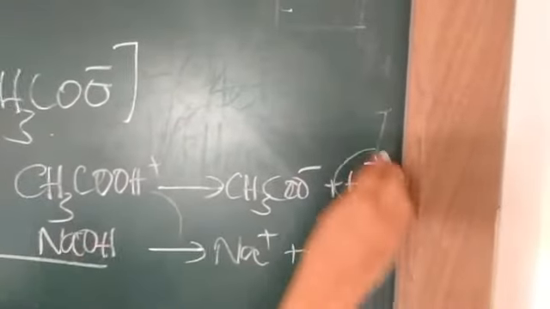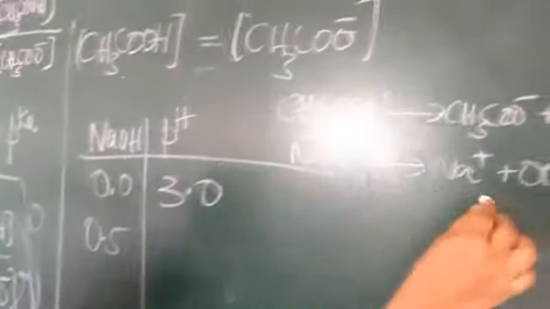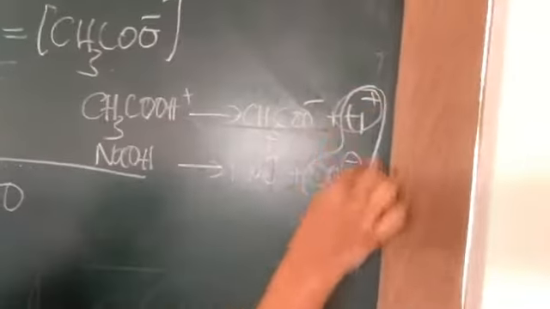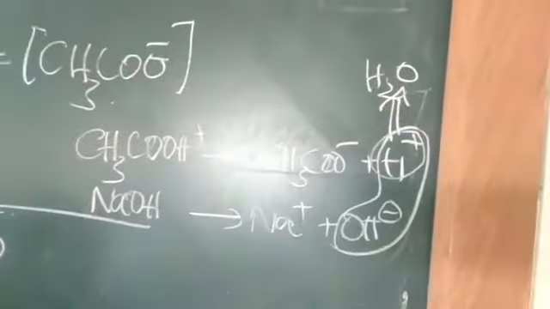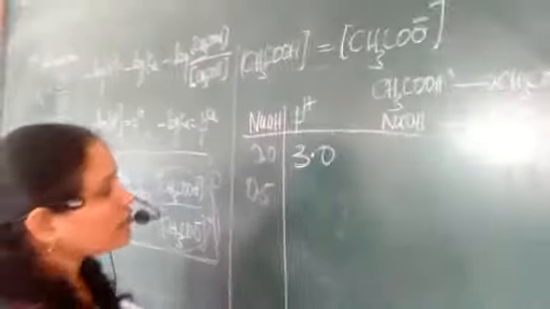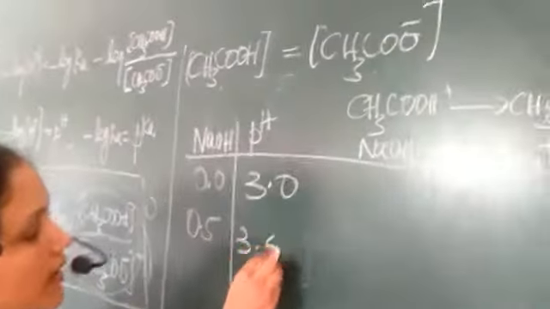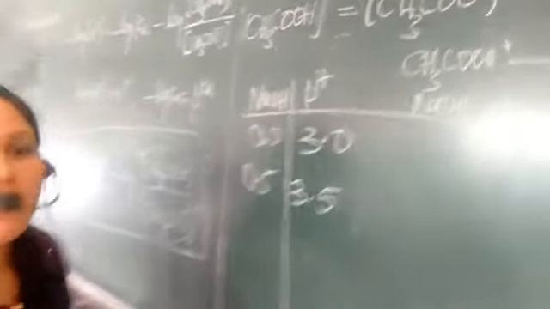Now this acid concentration is recorded here initially. When I add sodium hydroxide, this OH minus and H plus get converted into water. So the concentration of H plus reduces. Therefore the acid strength also reduces, that is, pH increases.